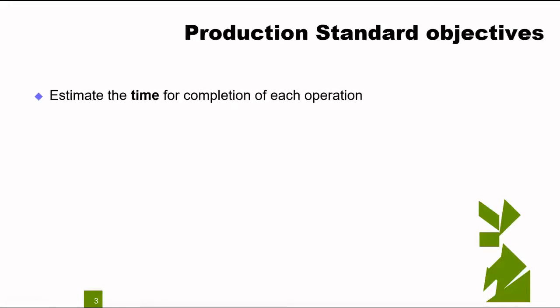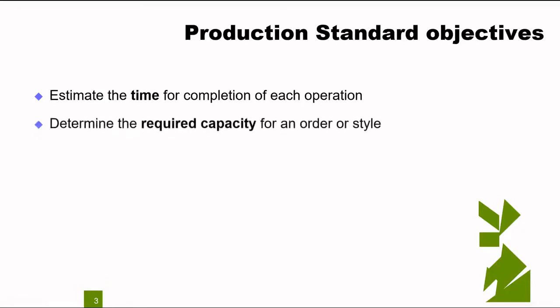Now, what are the objectives of this production standard? If you don't have production standards, how will you know whether you are underperforming, performing normal, or doing better than normal? That's why you have the production standard. You record the time for completion of each operation, and then you determine the required capacity for an order or a style.